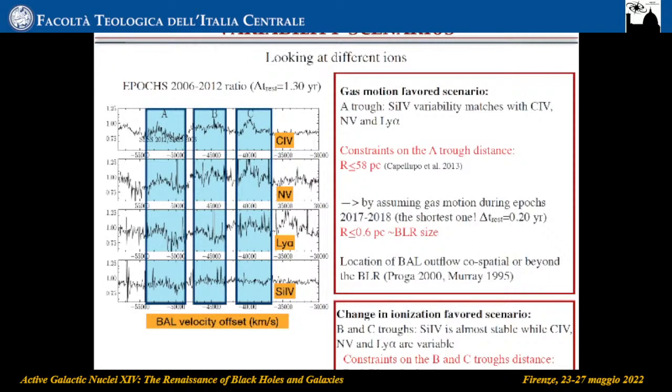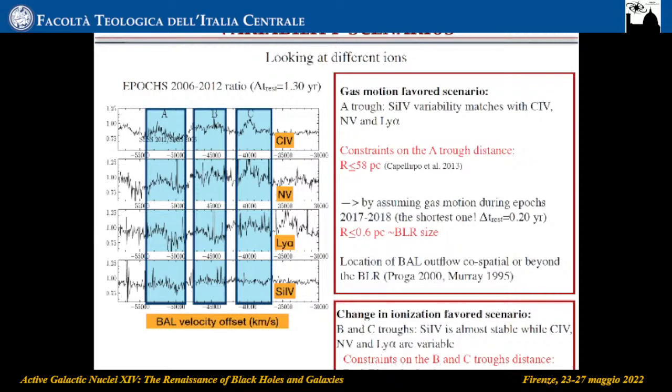So considering this picture and the one before with the velocity index, we can say that for the A trough, gas motion seems to be the favored scenario to explain the variability. Instead, for the B and C troughs, the main mechanism seems to be the change in ionization.